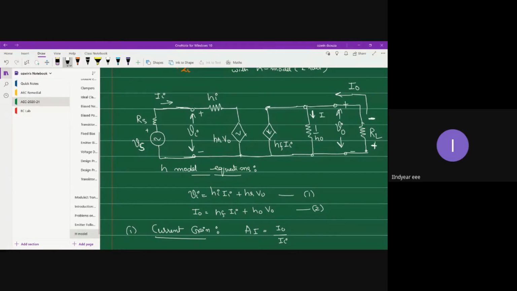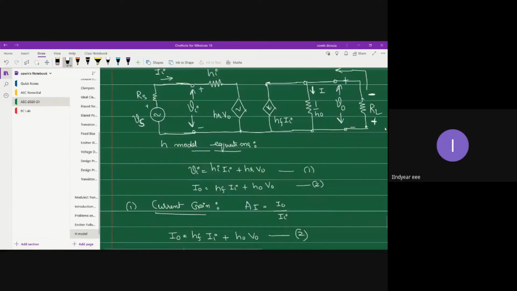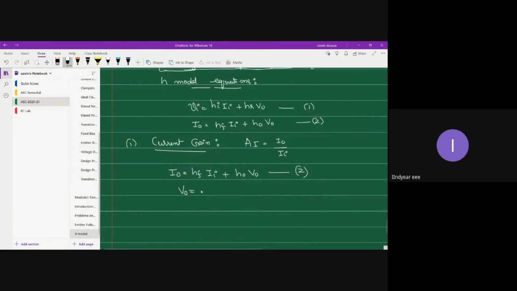What we have taken is upper side positive and lower side negative, but the actual current direction of I naught gives the opposite polarity. So we can take V naught as minus I naught into RL. Let's take it as equation 3.